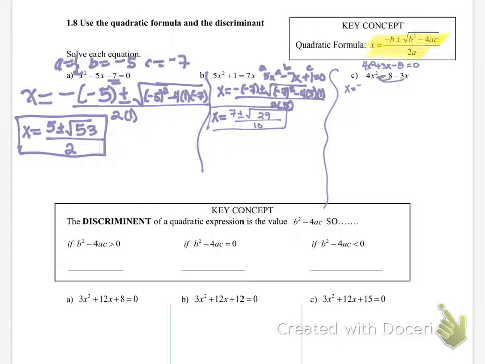X equals negative b plus or minus the square root b squared minus 4ac all over 2a. Okay, so x equals, this becomes a negative 3 out in front, plus or minus square root 9, and then plus all this stuff, 137.